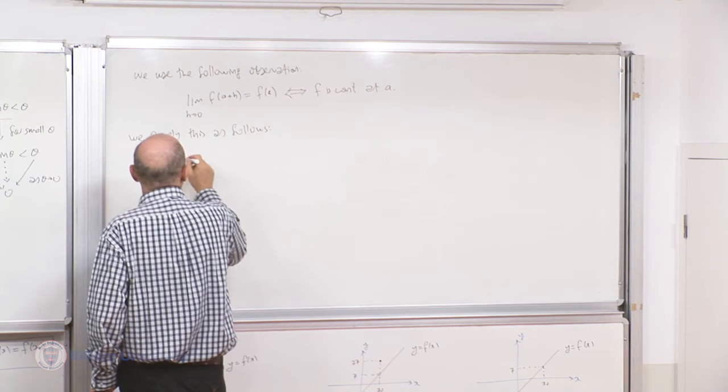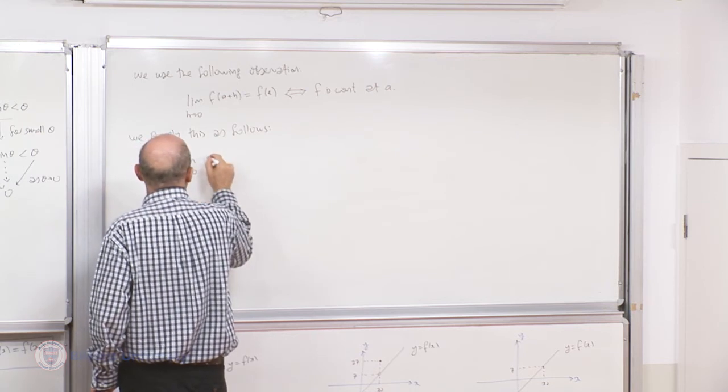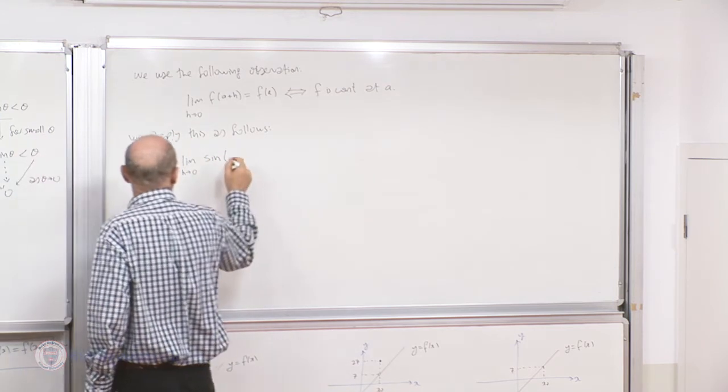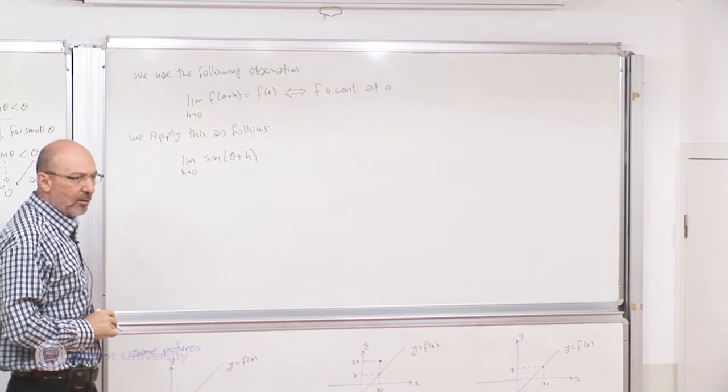So I look at the limit as, say, h goes to 0 of sine of theta plus h. I'm trying to understand this.